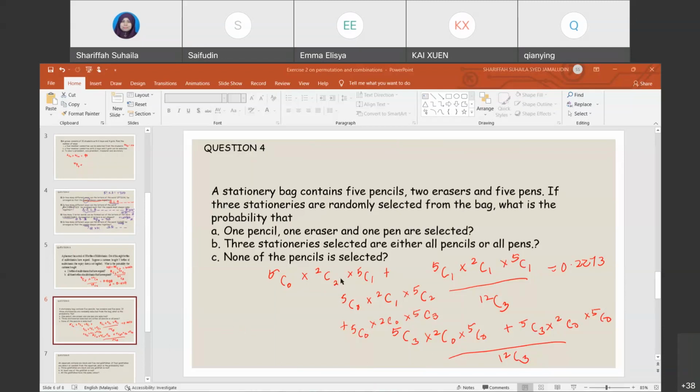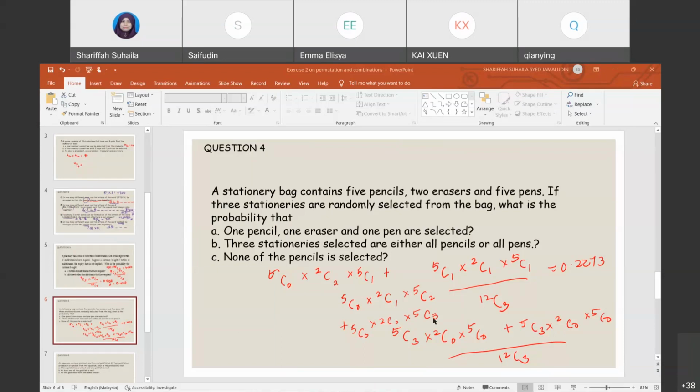Is it? Okay, you have either 2 pencil ataupun 1, 2 pencil. 2 eraser ataupun 1 pen. Ataupun 1 eraser, 2 pen. Ataupun sebab kita nak pilih 3 kan, sama ada there is no eraser, no pencils, and all 3 are pens. Okay.